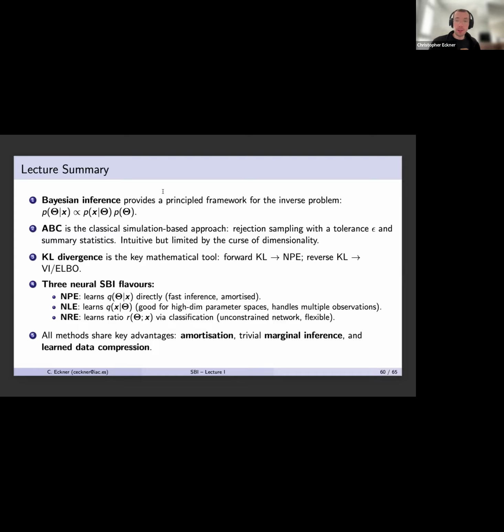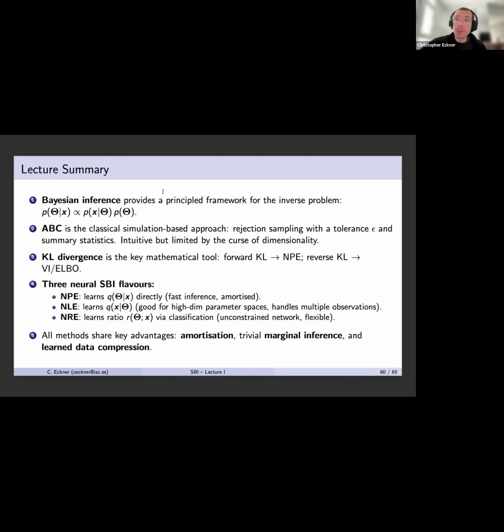That is most importantly the Kullback-Leibler divergence, used here as a mathematical tool to train the three flavors of simulation-based inference. Neural posterior estimation very directly measures the posterior, with a network parameterized as a normalizing flow.